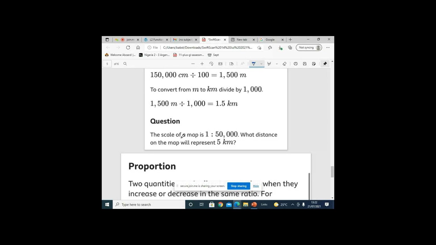Okay. So 1 centimeter is 50,000 centimeters. You have to convert. So you can convert the 50,000 centimeters to kilometers. Is the answer 10 centimeters? Yeah, 10 centimeters. Yes. So thank you for that.